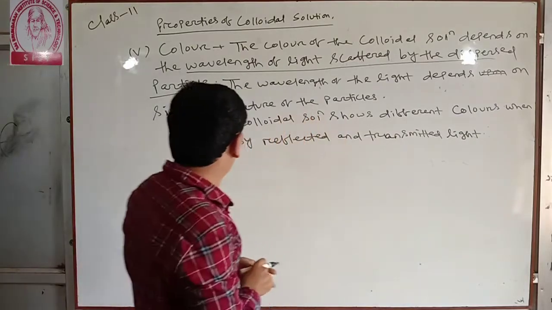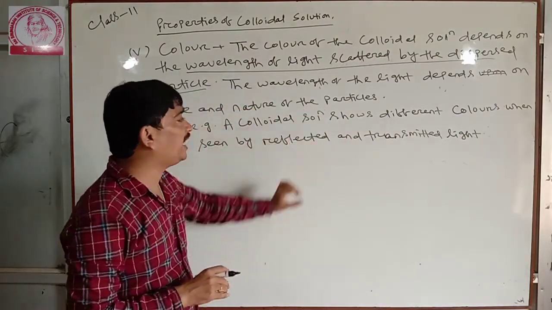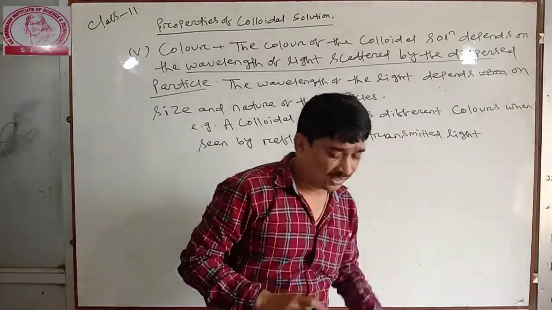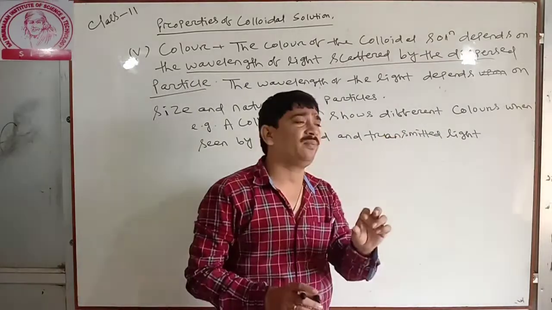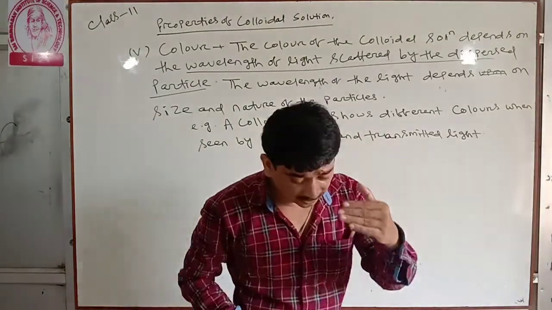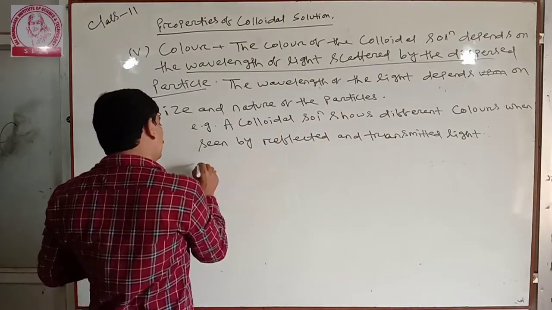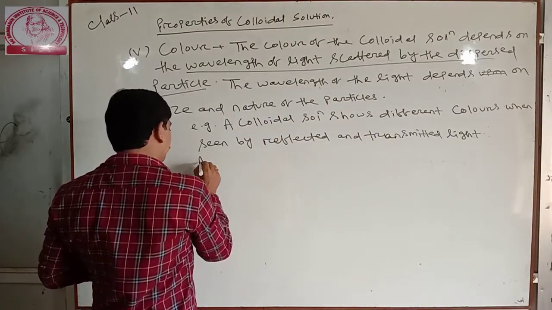This is a very important point. For example, diluted milk shows a bluish color in reflected light and a reddish color in transmitted light. That is the example: diluted milk.